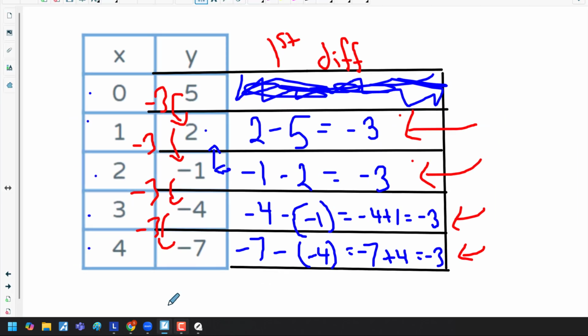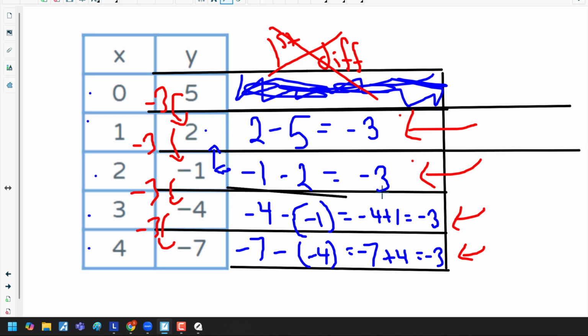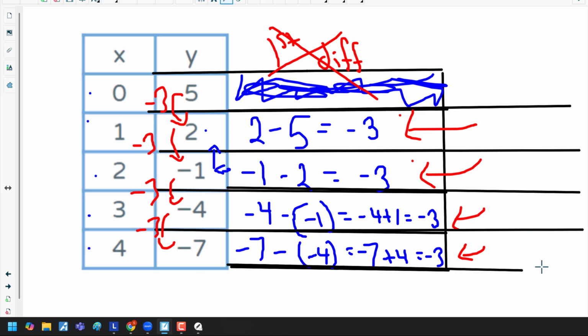Now, I'm going to take this moment to tell you something. If the numbers were not the same, what do you do? Well, it's not linear, that's for sure. But it's possible for it to be quadratic still. And the way to figure that out is to make another column, extend this, and make another column here.